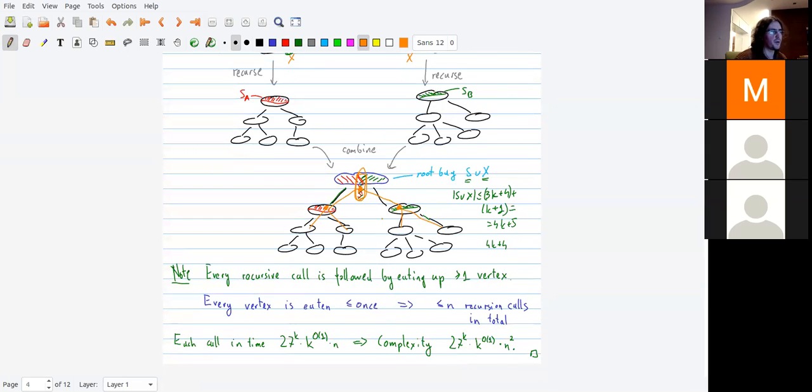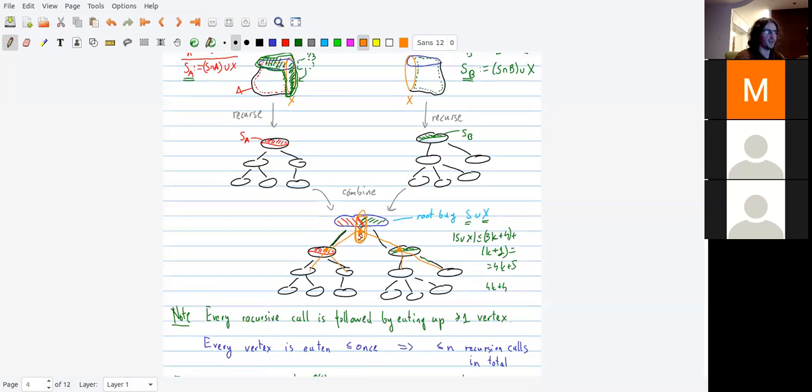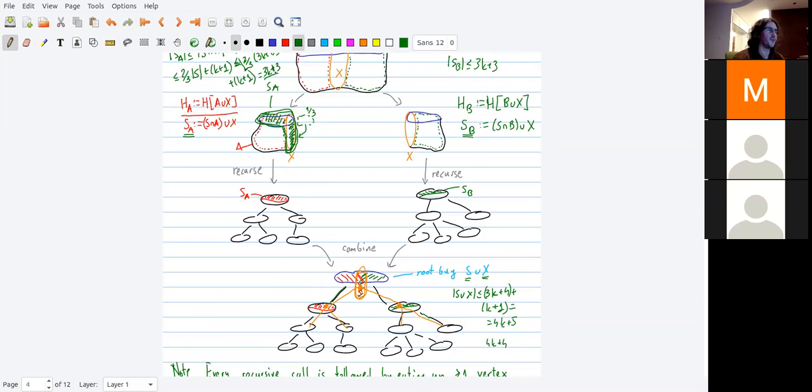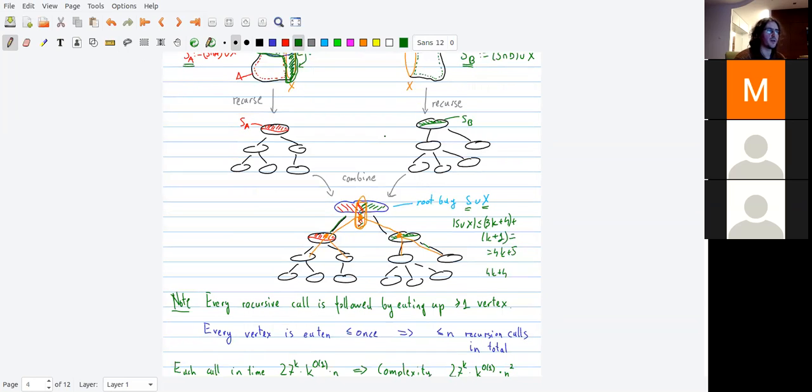So what about the complexity of the algorithm? We do some recursion, so we need to understand what is the total time of this recursion. Observe, and now comes another technical trick, that we obtained those sets S of size at most 3k plus 3, not 3k plus 4, which means that whenever we are making a recursive call, the immediate next step will be adding one more vertex to S. Remember that in my first step, I was adding arbitrary vertices to S as long as S was too small.